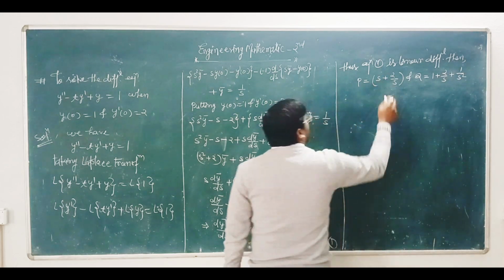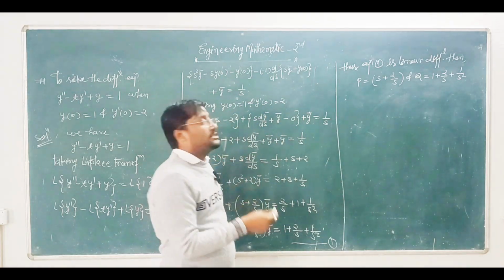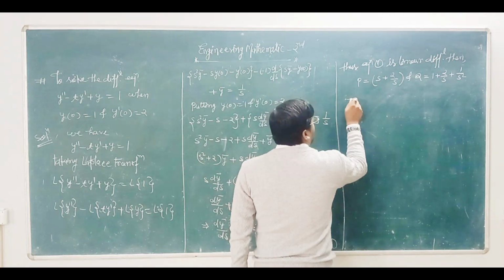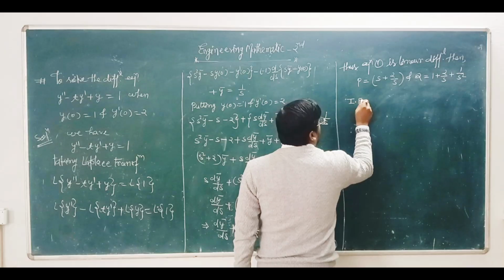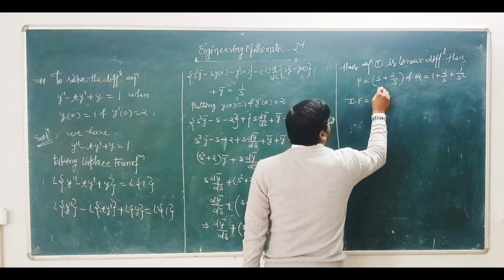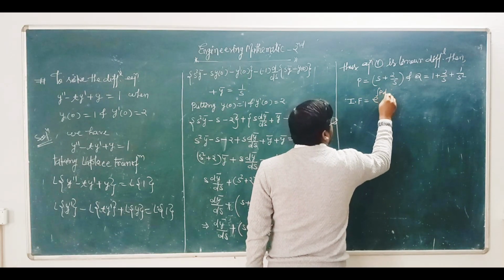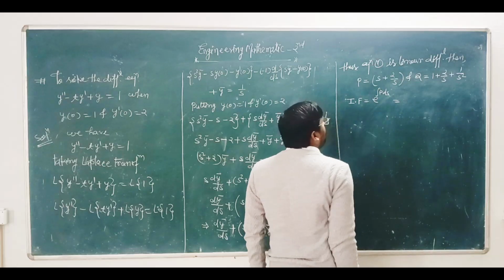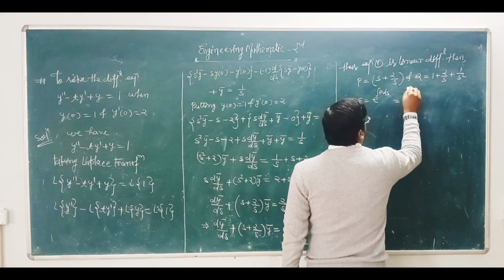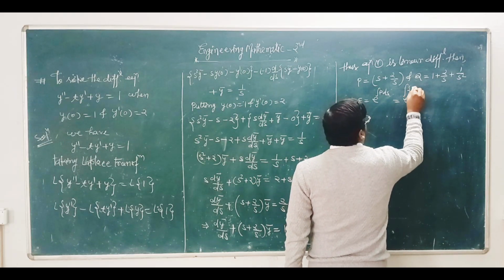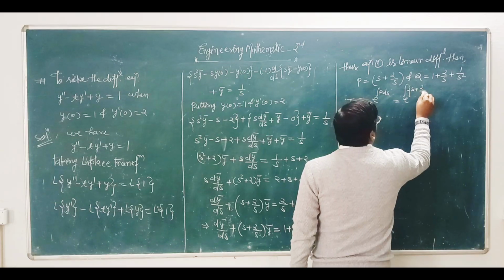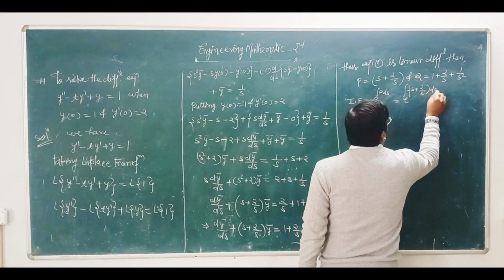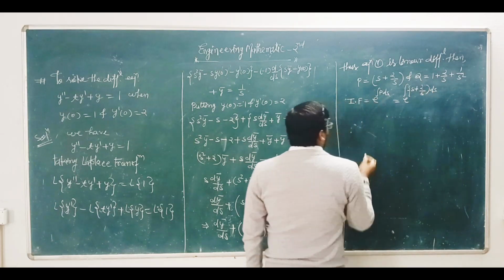Now to solve the linear differential equation, first we find IF. IF is equal to e to the power integration p ds. Now put the value of p: e to the power integration s plus 2 upon s into ds. Now solve this.